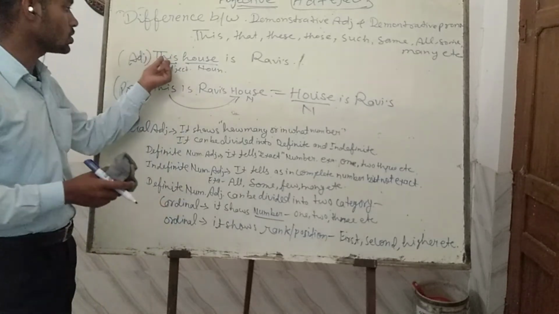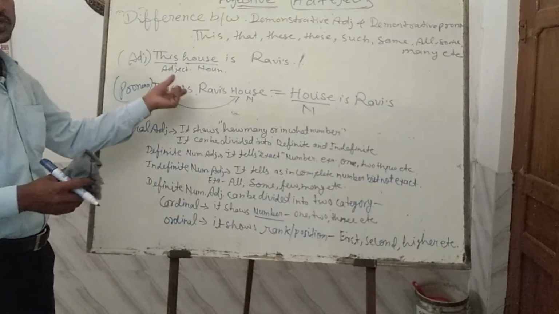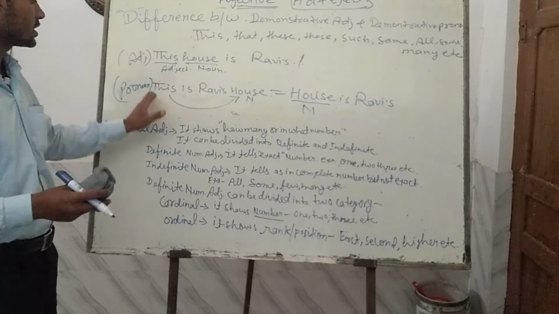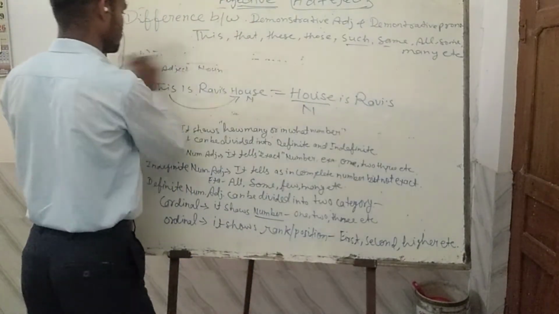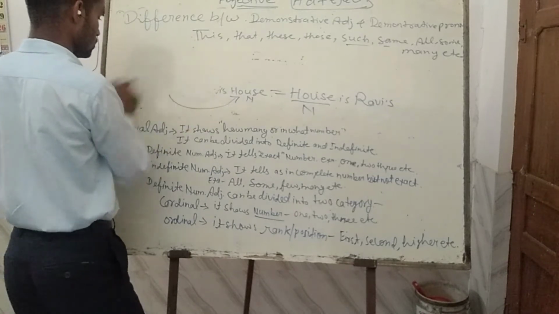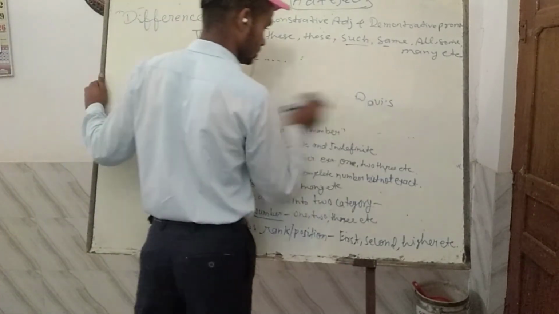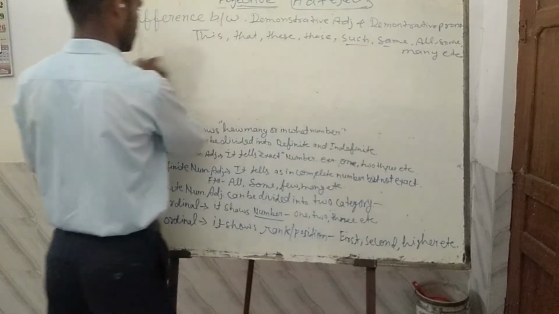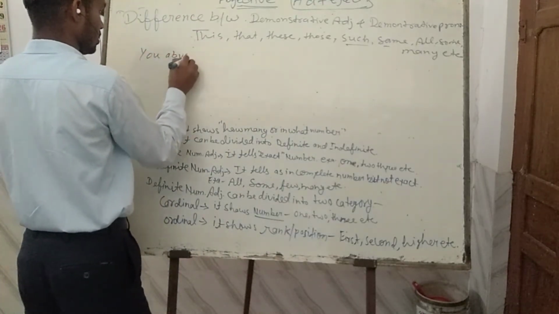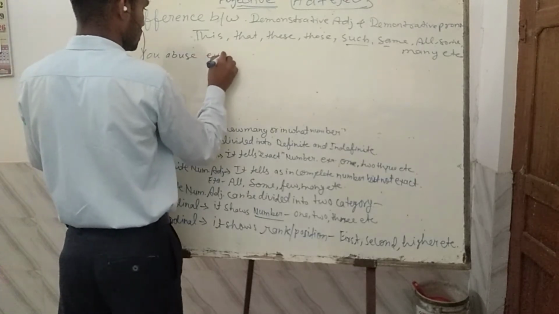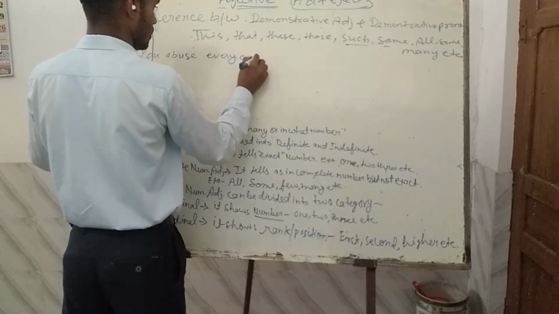So this, that, these, those can be used as adjective and pronoun. And now such and same. You abuse everyone.